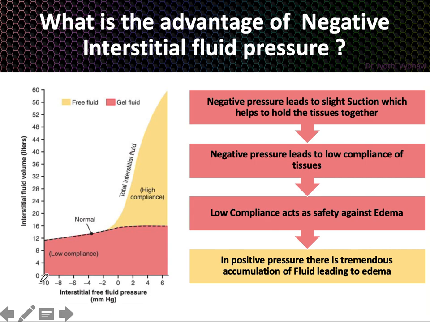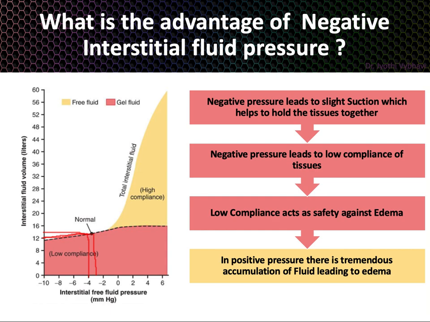One second, I'll take the pen. Here, if I draw it, it is around 12 liters. Normally it is at minus 3. So what do we mean by low compliance? For every millimeter change, let me change it from minus 3 to minus 4, the volume change you can see is almost the same.